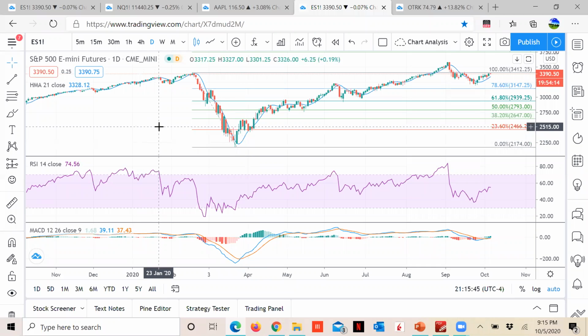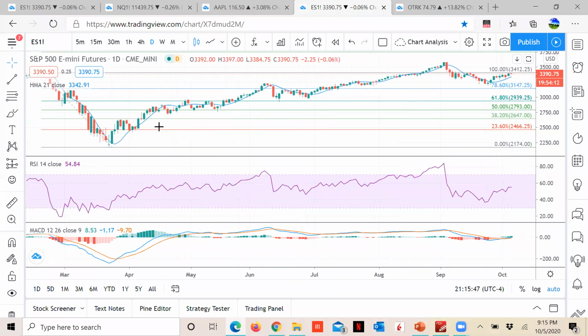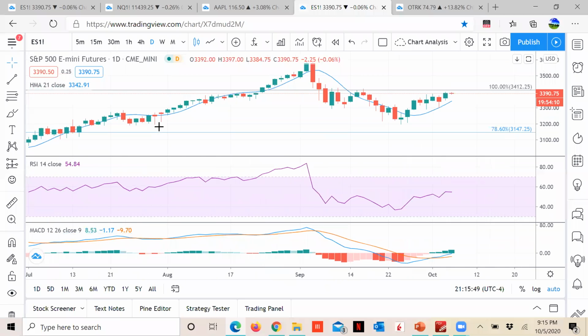It basically gives you an idea. If I zoom in here, I'm zoomed in to October 6th. At the end of the day, the opening was 3392, the close is 3390.5.